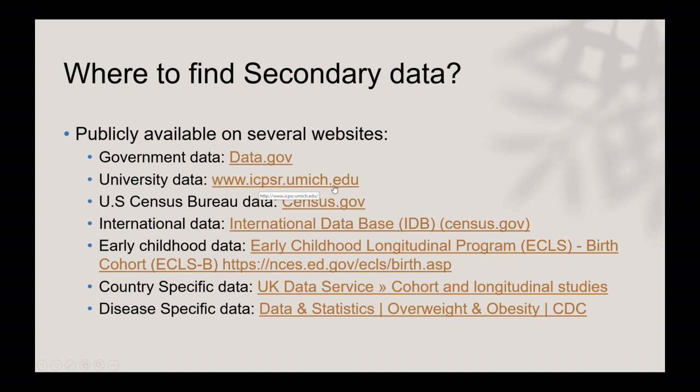Go and check out this particular website, wherein you will see that the University of Michigan has been collecting a data set for more than a decade now, and it has several different types of variables, and they have made this data set available for anybody to use. So please go and check this out to see what a university secondary data set looks like.